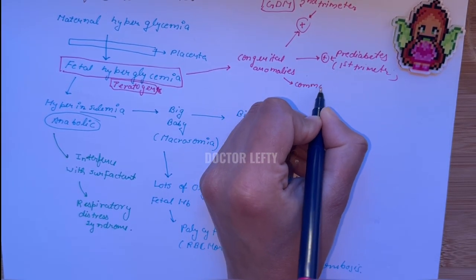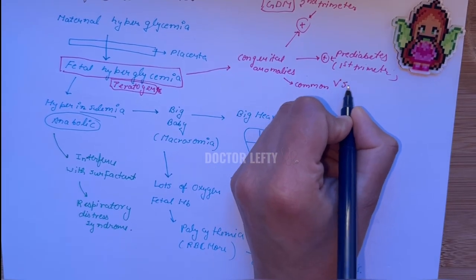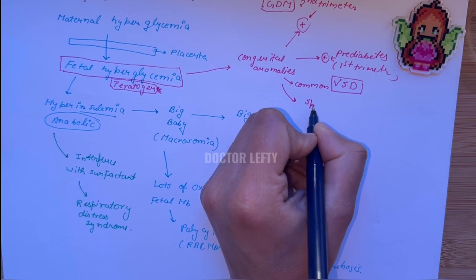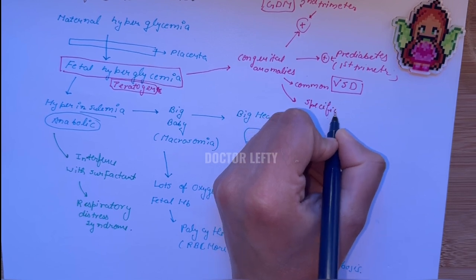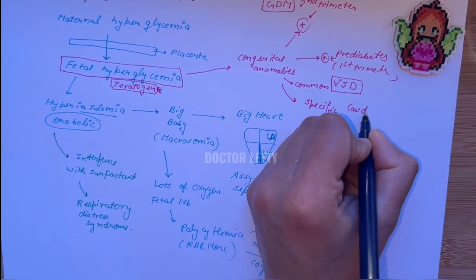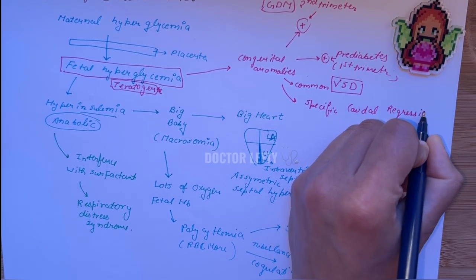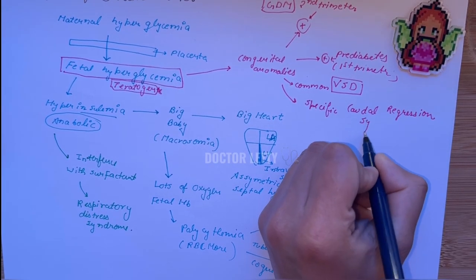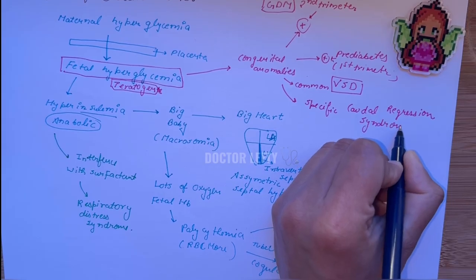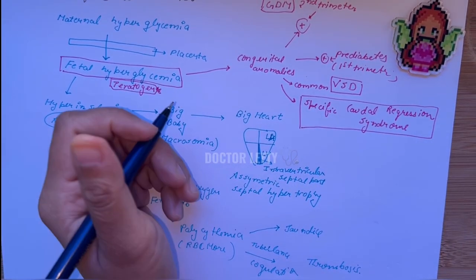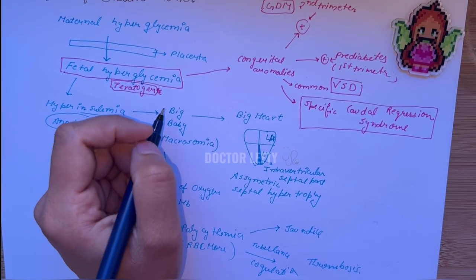The most common congenital anomaly is VSD, ventricular septal defect, and the most specific congenital anomaly is caudal regression syndrome. So this is the most important topic, these two common and specific congenital anomalies.